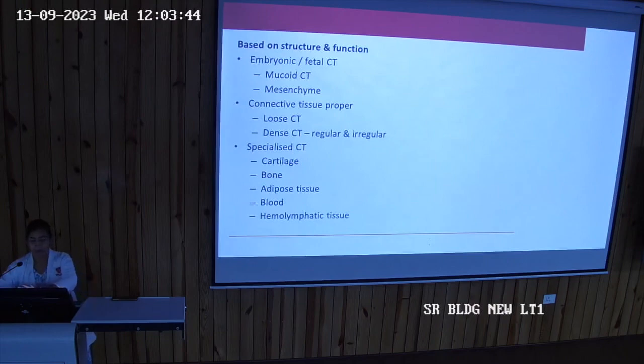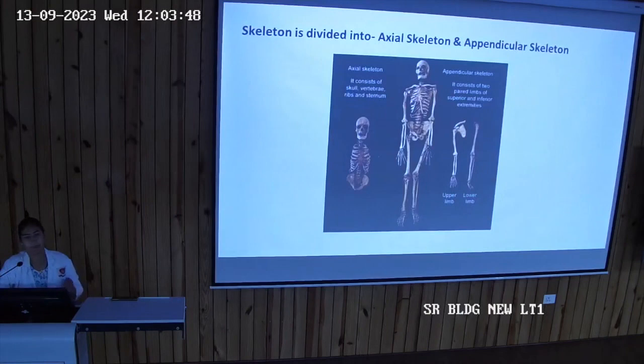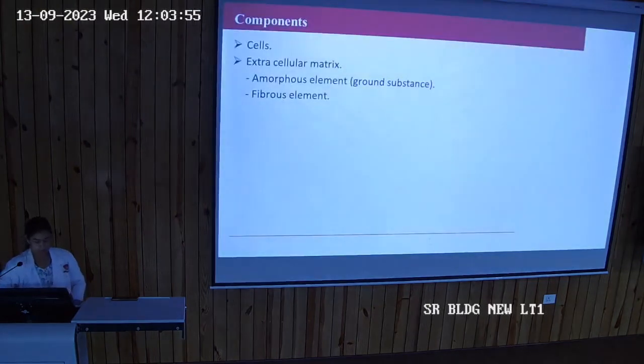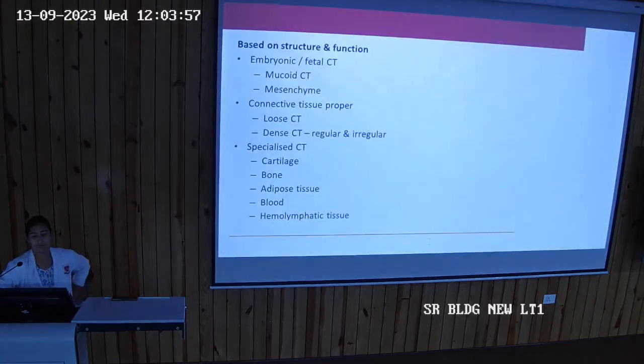So why have we put this bone and cartilage in a specialized category? How does it differ from the rest of the connective tissue classification? It must be containing something specialized.